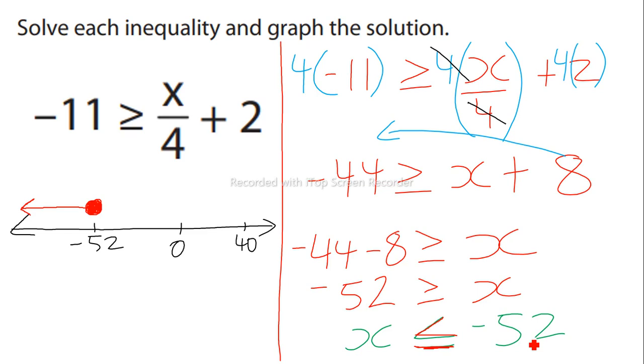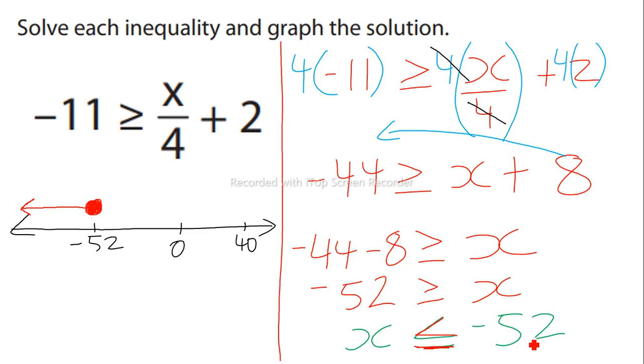Okay, let me just ask this then. If you swap the negative 44 and x, you automatically switch that sign in the middle. There's nothing wrong with swapping it. But the problem is that that's going to be a negative x.